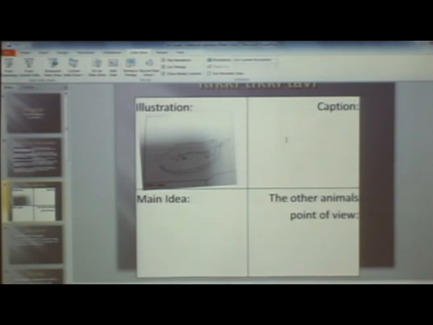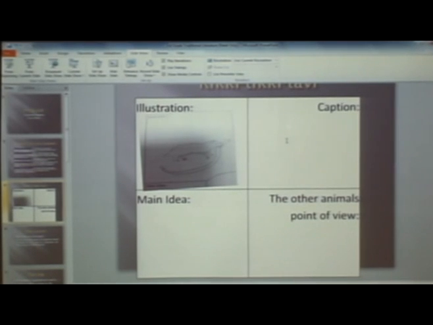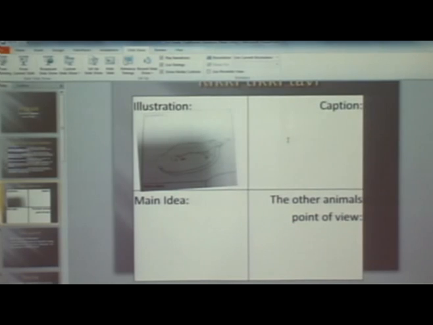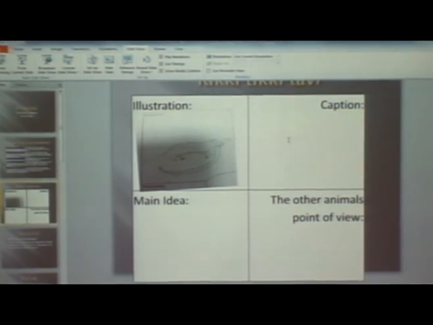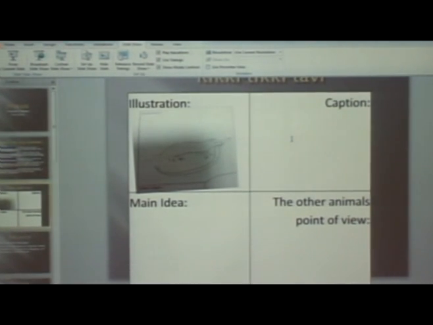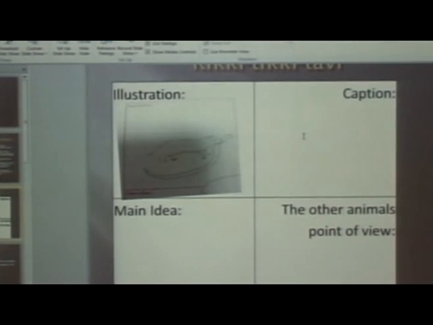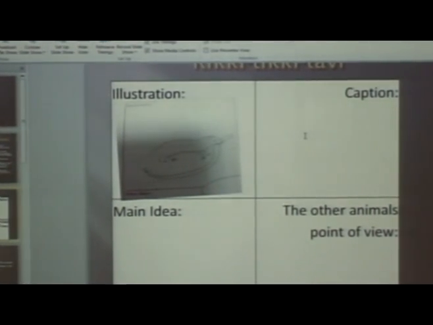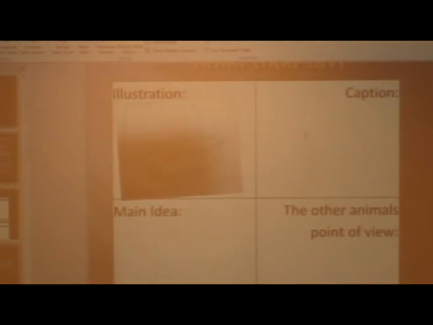Rikki Tikki Tavi. A mongoose is a small animal that attacks snakes. In this story, Rikki Tikki Tavi is a mongoose, and Nag, the cobra, is a poisonous snake. Nag has crawled into the house and is planning to kill the people who live there. Nag, the big cobra, was coiled up asleep in the bedroom.